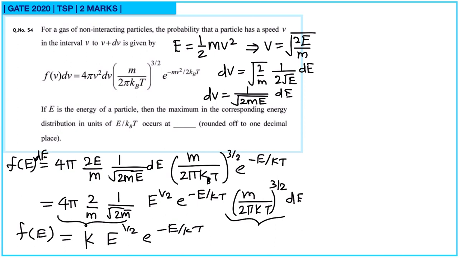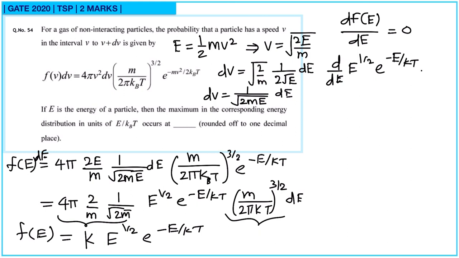and we want to find out its maximum value. So that means dF by dE is equal to 0 for maximum value of f of E. So d by dE of E raised to half e raised to minus E by kT is equal to 0.